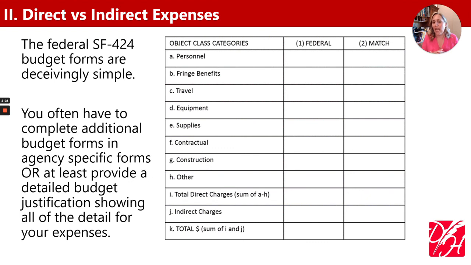And when we look at the cost class categories, does anyone happen to notice how there are way fewer rows in terms of expense types than in one of our examples we just looked at in grant guidelines? That's interesting. Could it be that they are really less complex at the federal level? The reality is they're deceivingly simple.